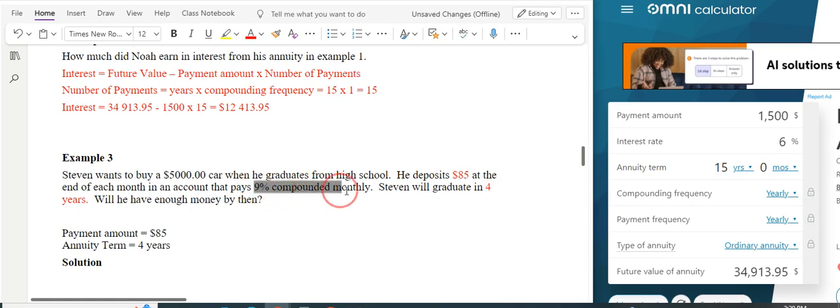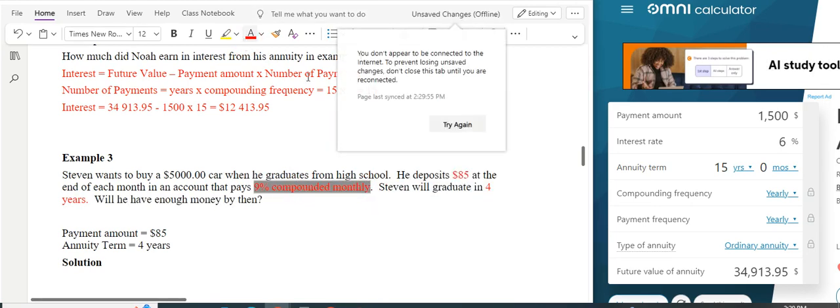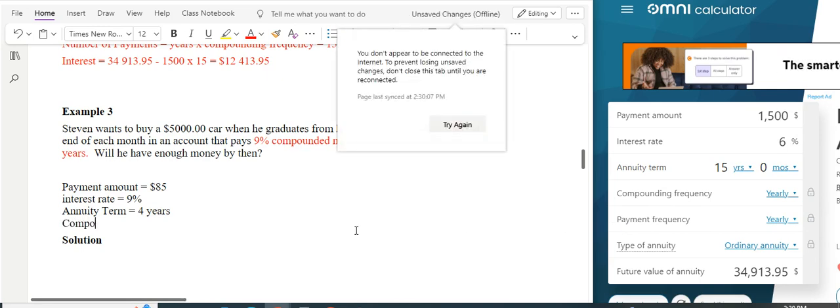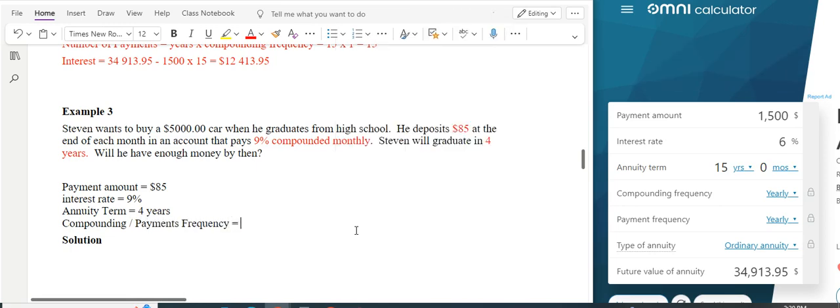And it's going to be 9% compounded monthly. So the interest rate will be equal to 9%. And the compounding slash payment frequency will both be monthly.